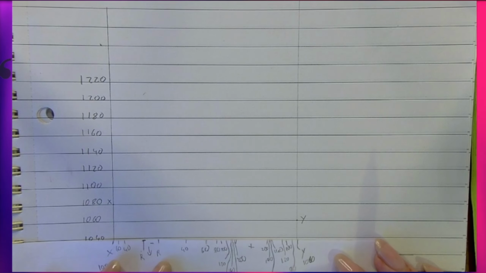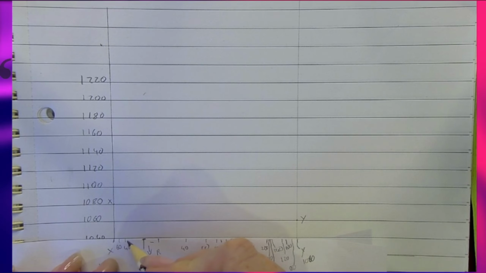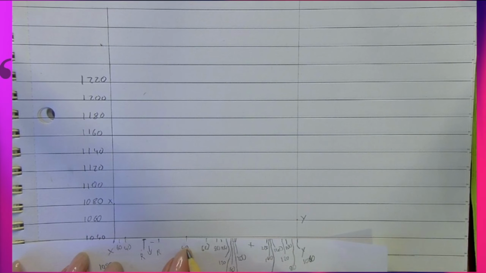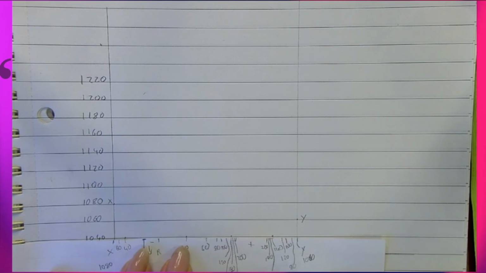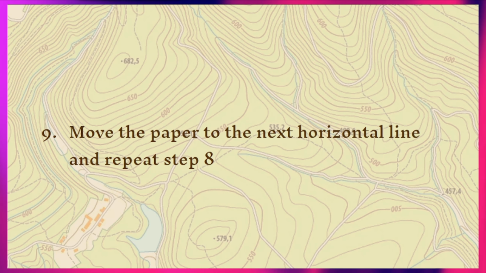So we are going to move up to the next line. Make sure your X and Y are still aligned with those axes. Okay, here's our first one. There, 1040. Fantastic. Okay, we move it up to the next one.